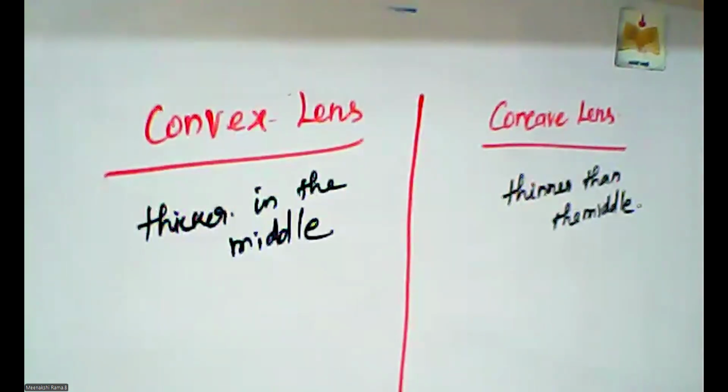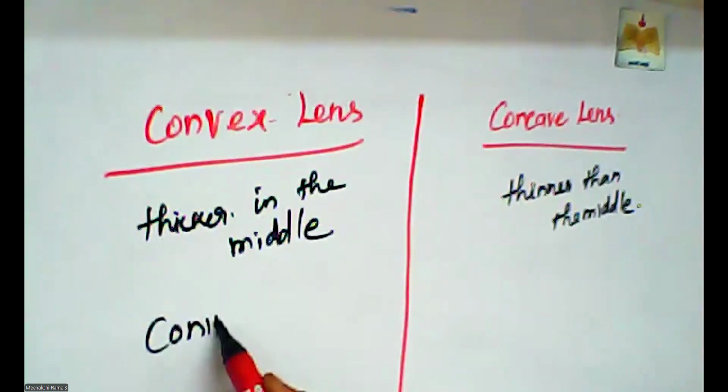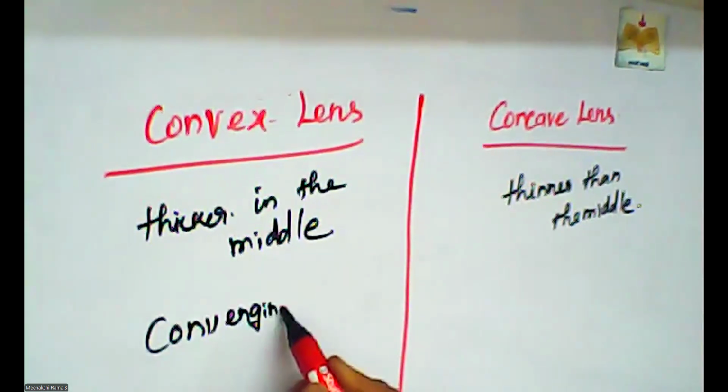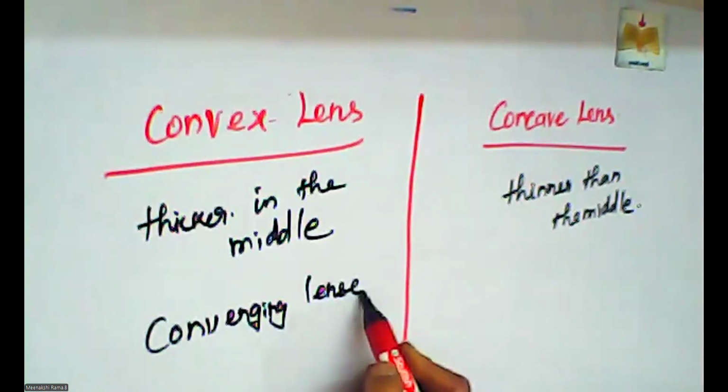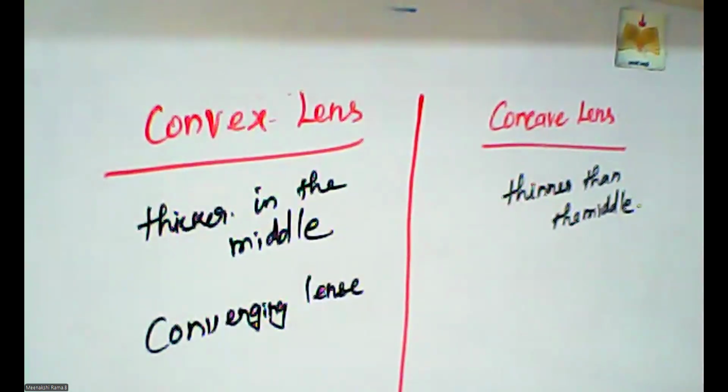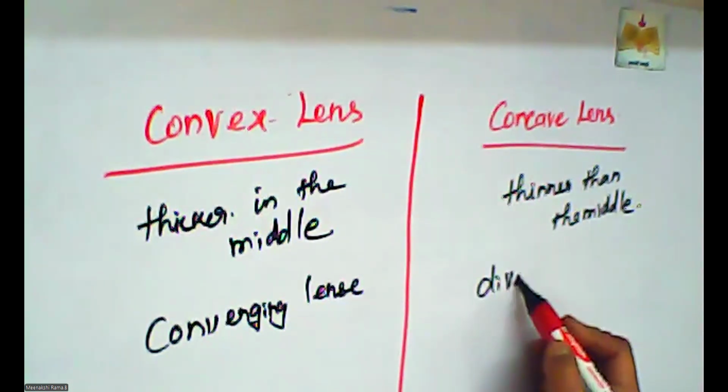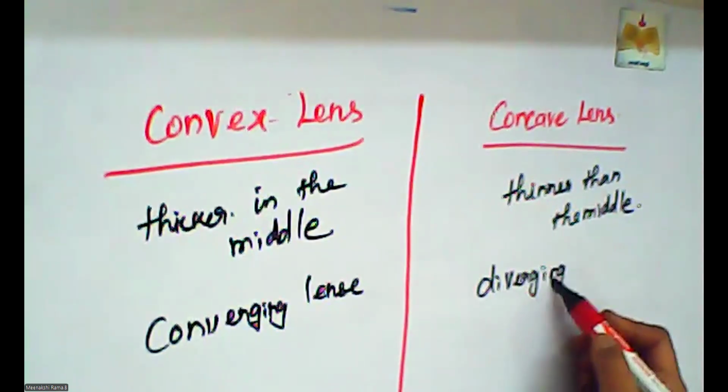A convex lens is called a converging lens. A concave lens is called a diverging lens.